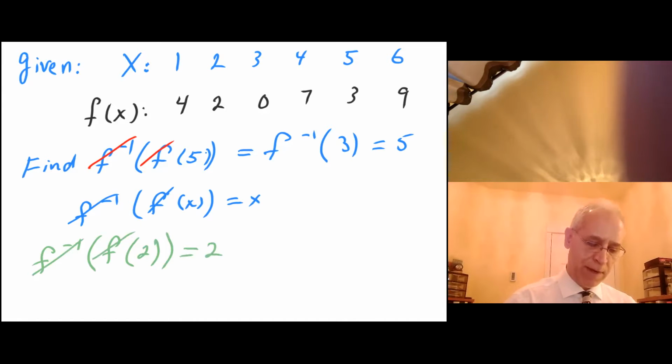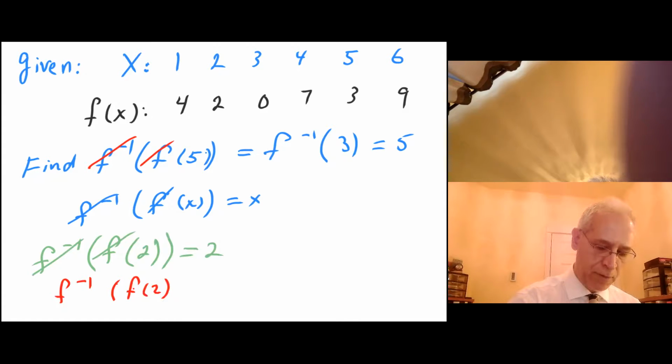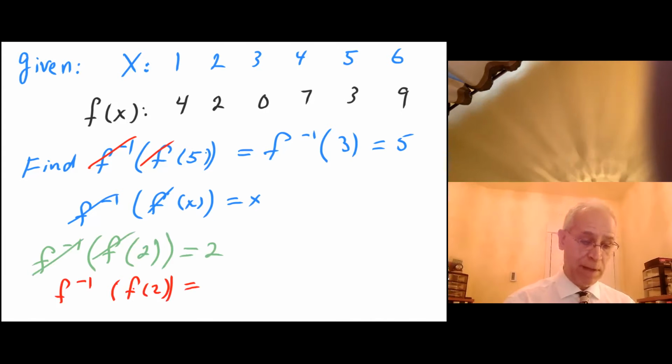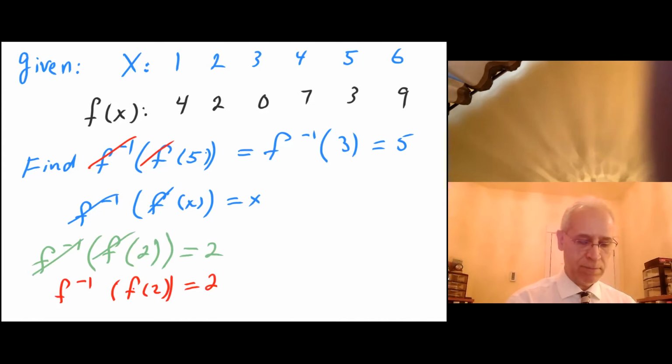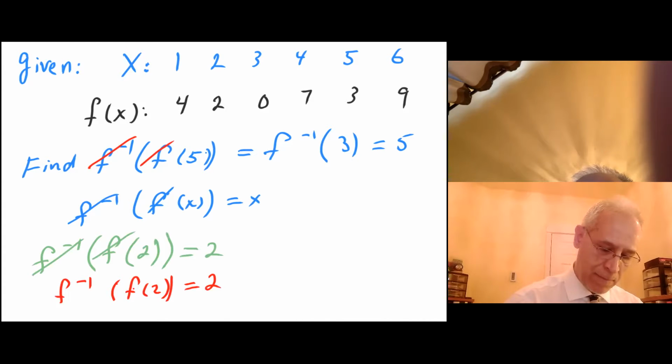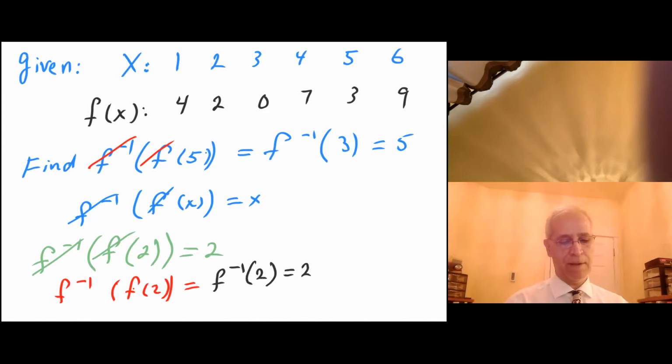Or you could look at the table and say f of 2 is 2, and then rewrite this as f inverse of 2, which equals 2 again.